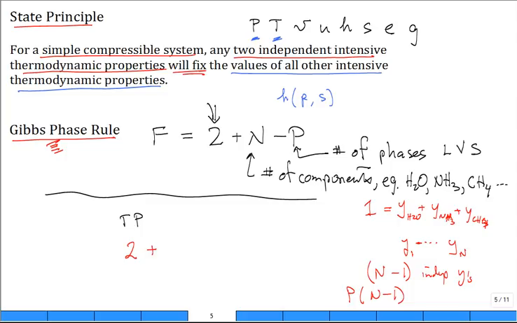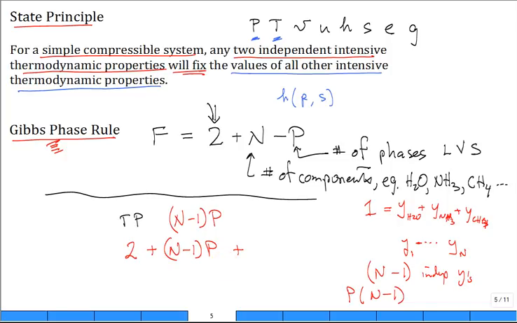You have the number of mole fractions minus 1 times P, which is the total number of independent y's. And then you also have the number of equilibrium conditions.